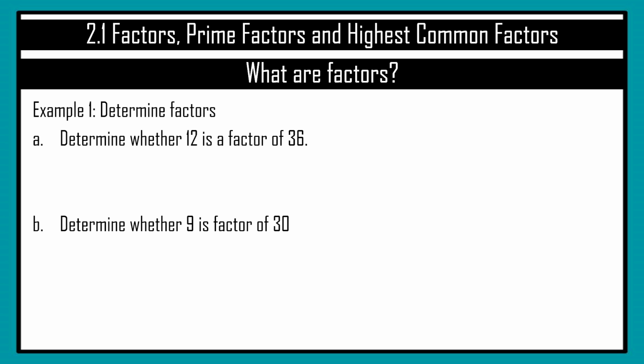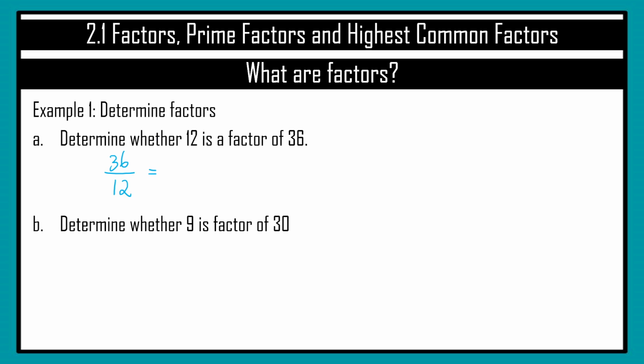Because we already know what factors are, we're going to determine whether the number given is a factor of another number. Let's look at example 1, question A. Let's determine whether 12 is a factor of 36. The very easy way is we take the number 36 and divide it by the factor we want to check, 12.